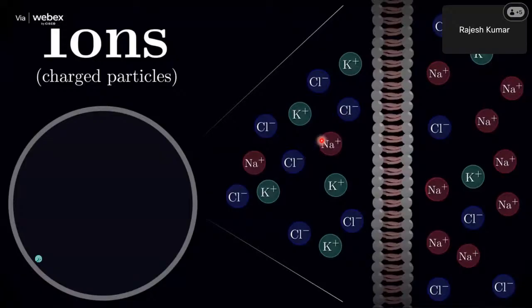You can see the ions are on both sides, but the concentration is different. Sodium ions are more outside than inside, and potassium ions are more on the left-hand side than the right-hand side. This kind of structure is actually there in the brain.